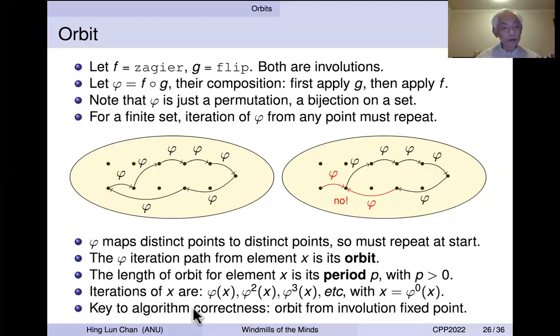The key to the proof of the correctness of the algorithm is to consider orbits like this, but from one of the involution fixed points. Phi is a permutation, but it consists of 2 involutions behind it.